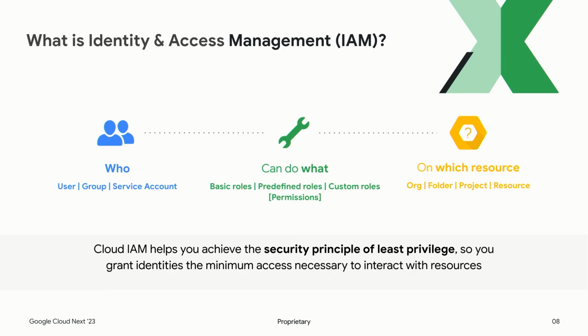It's going to want to know who can do what on which resources. The who can be a user, a group, or a service account. We're going to define it a little better later on. Then the what are roles and permissions: what actions can the who actually do? And the which is the organization, the folders, the projects, and the resources. These are the things you're going to be able to do these actions on.